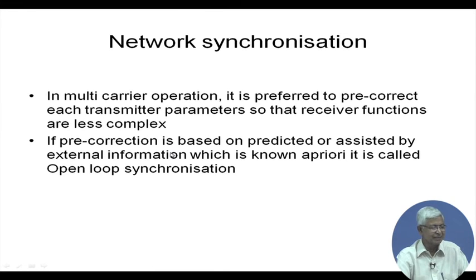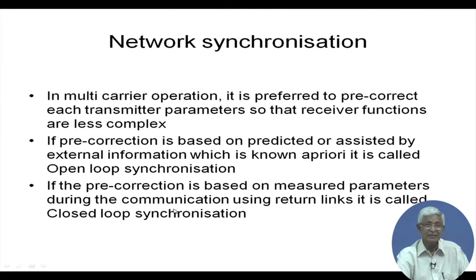Somebody else has done certain measurements and supplied that information, and then it is given as a pre-correction parameter. So, it is known a priori. It should be known a priori to all the transmitters, for their individual pre-correction. Then it is called open loop. You are going in one direction, so it is called open loop synchronization. There is no loop formation in this.